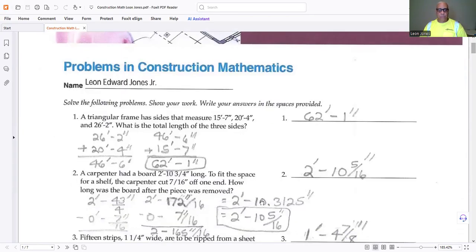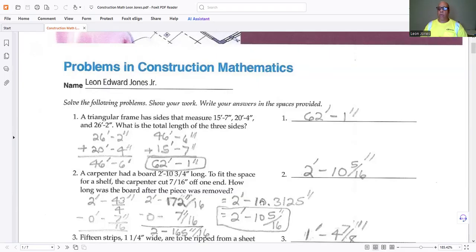Number one, when we deal with something triangular and we have to utilize perimeter, what are we doing? Well, we're adding up all the sides. Basically, when you have a triangle and a square, the difference is that a triangle is basically half of a square.